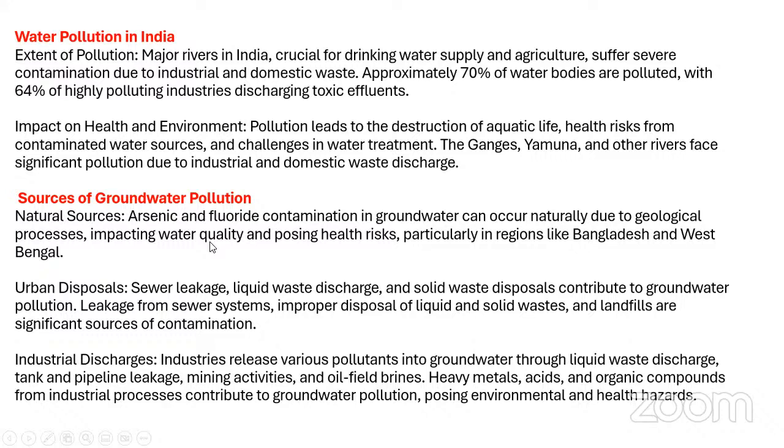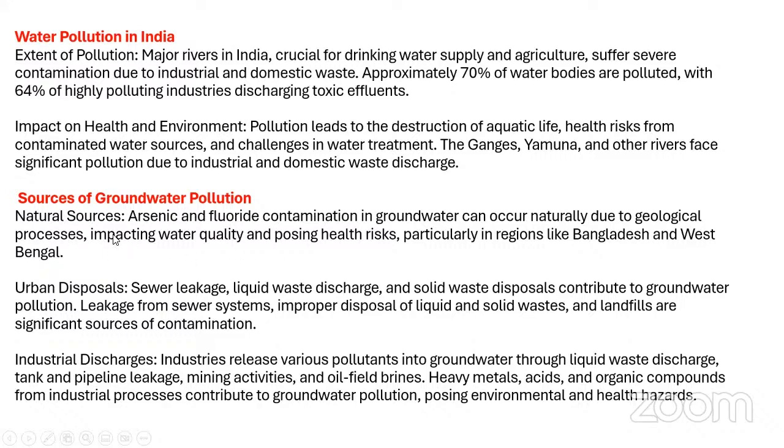Rocks or rock formations which contain fluoride and arsenic, due to the weathering process, contaminate the natural groundwater resources, impacting water quality and posing health risks, particularly in regions like Bangladesh and West Bengal.